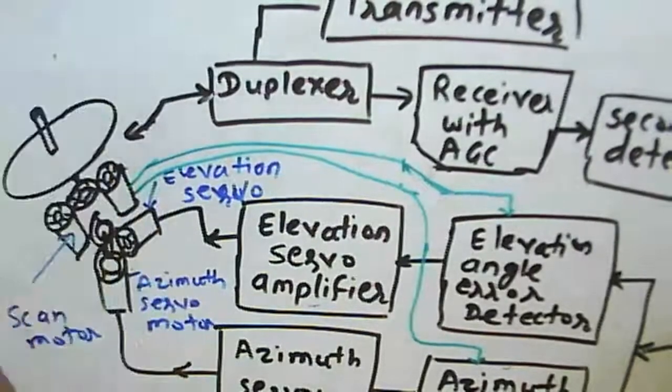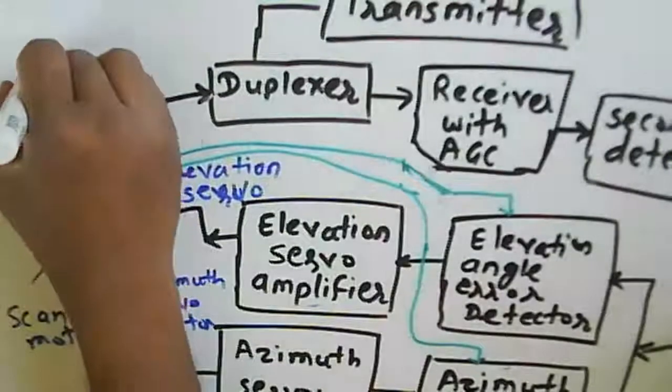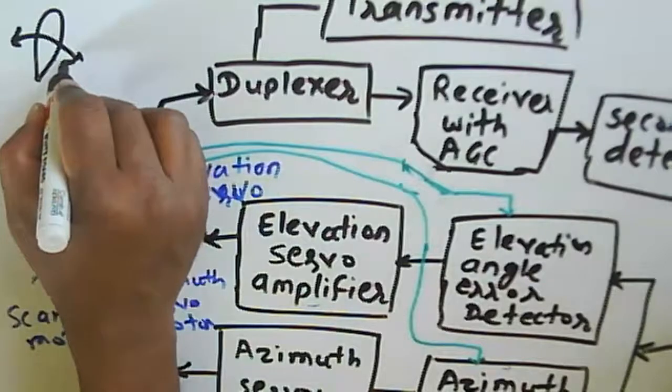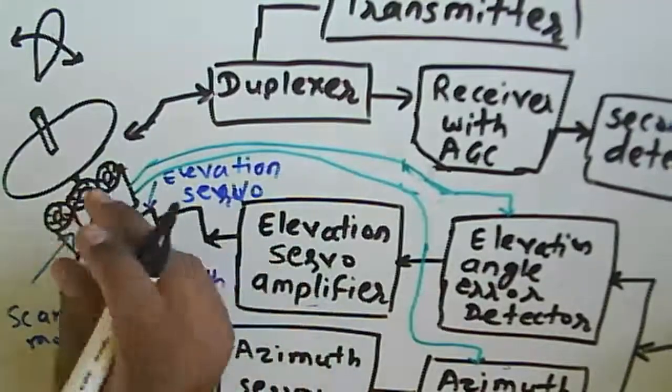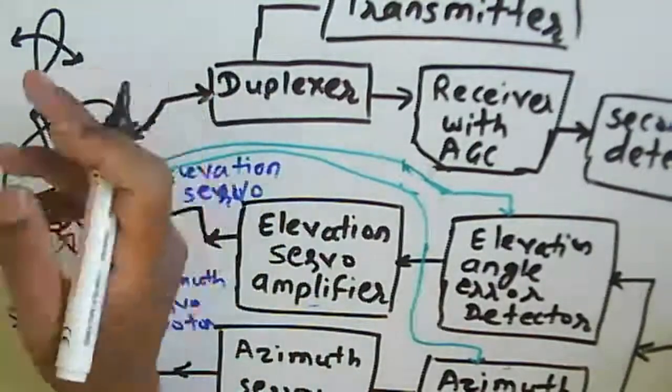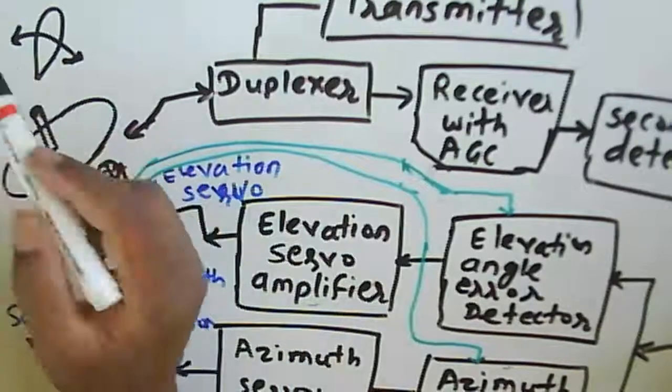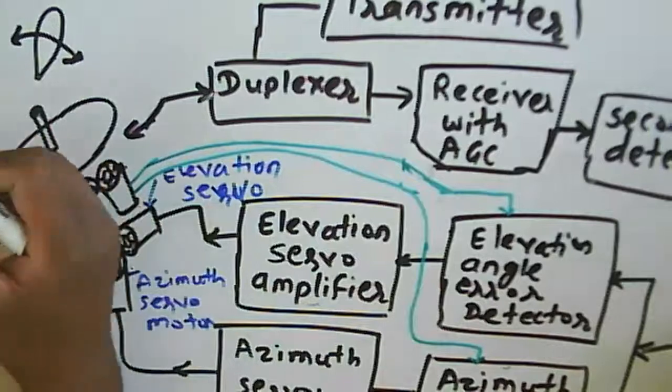We are not able to see, I can redraw here. That is about a rotation axis. Through this we are getting a conical scan. This is called rotation toward the axis, that is called conical scanning now.